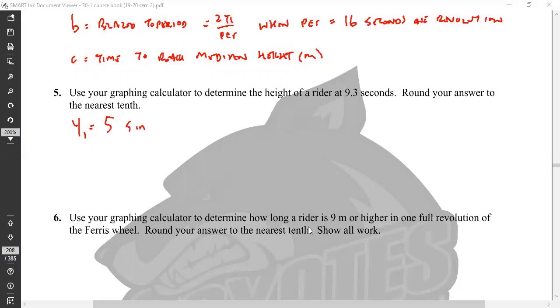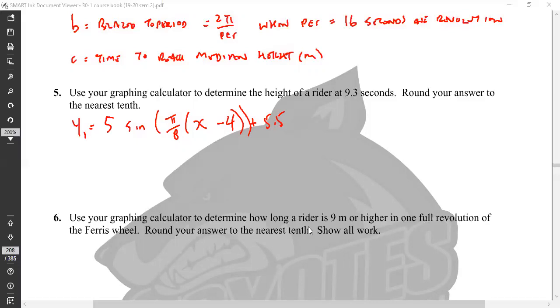Depending on what version of calculator you're using, you probably want to open up a bracket after sine, pi over 8, and then we're going to open up another bracket, theta, or x in this case, minus 4. Close the brackets twice, plus 5.5.